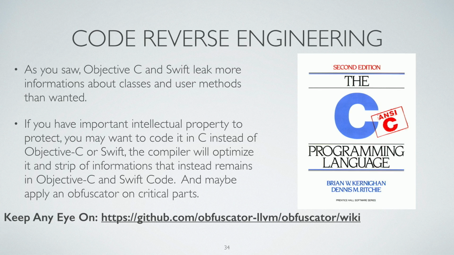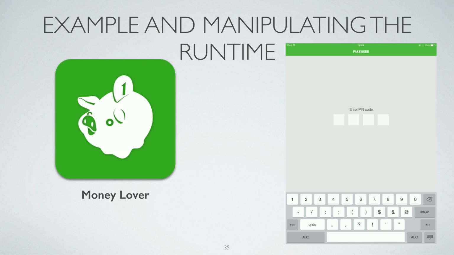It's already used in some projects, but it's quite experimental yet. It was used by the Evasion jailbreakers to obfuscate their application, to take more time for Apple to reverse engineer their jailbreak. Here I will show you the demo.